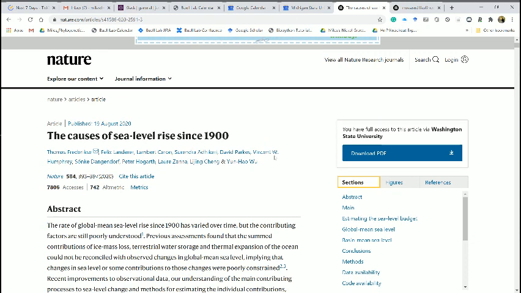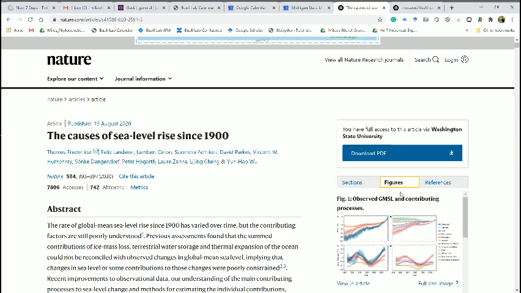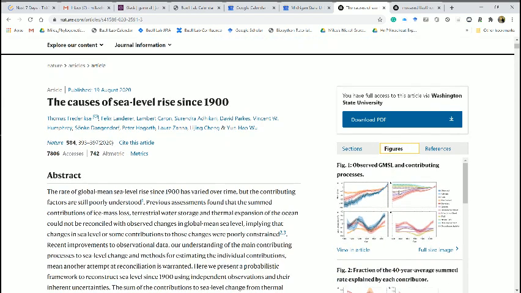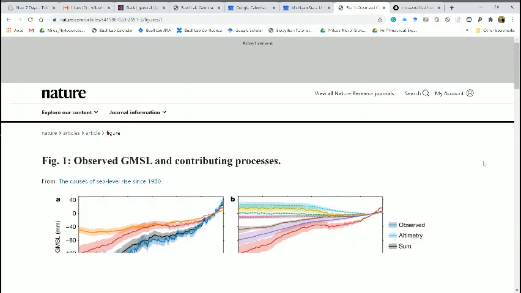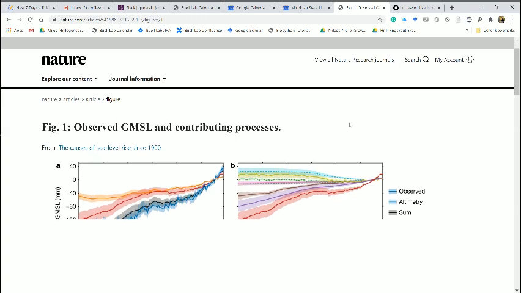And I'm going to try to figure out what exactly these scientists discovered by looking at the cool graphs and pretty graphs that they published in their paper. So you can tell by the title, this paper is about sea level rise and causes of sea level rise. So let's try to figure out what these guys found.